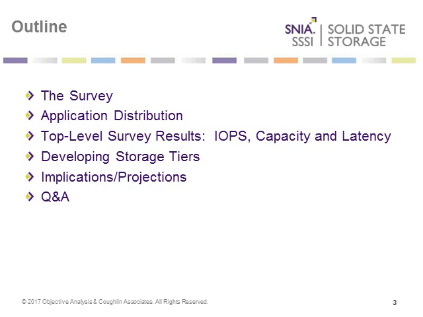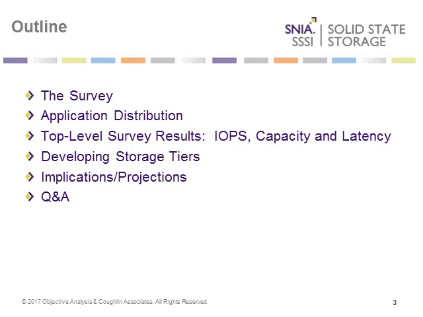No problem. So we're on the outline page right now. The work we're going to be talking about draws on a number of sources, but one of the big sources is a survey that we have had continuously running since 2012. We'll talk a bit about the survey. It's for requirements for storage in terms of IOPS, capacity, and latencies.